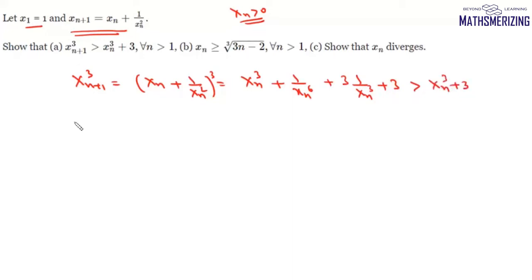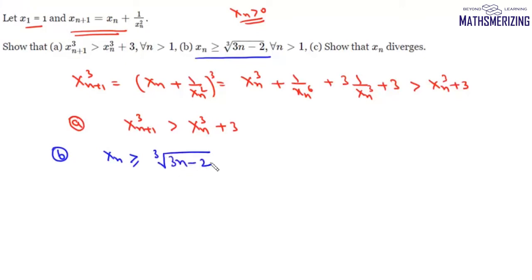So that's our first part of the result, which is xn plus 1 cube is greater than xn cube plus 3. Now we'll come to the second part, and the second part is we need to prove that xn is greater than or equal to cube root of 3n minus 2.